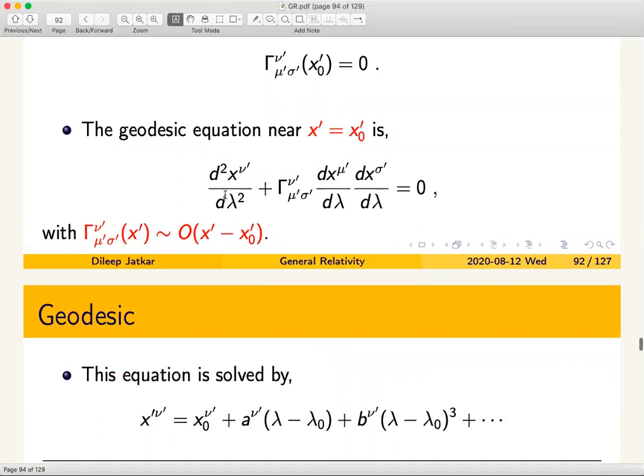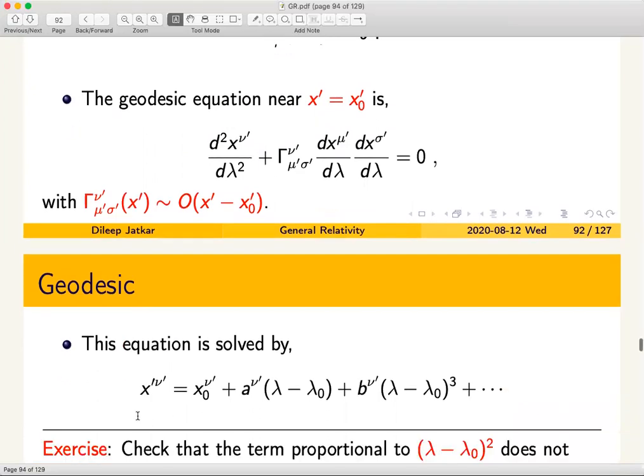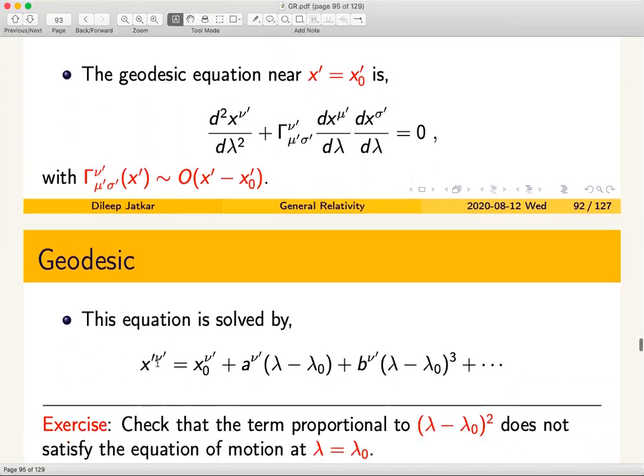Now, clearly, as I said, if you want to solve the differential equation, using one particular point is not good enough. You need an infinitesimal, but nevertheless a neighborhood around a particular point. Okay, so we are trying to solve this equation by writing down x prime nu prime, which is x0 nu prime, obviously, which is the original coordinate, plus these kind of functions.